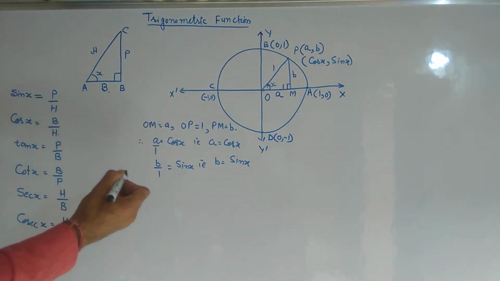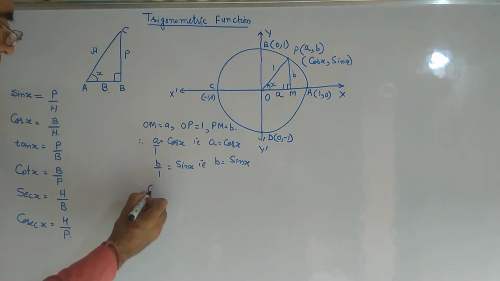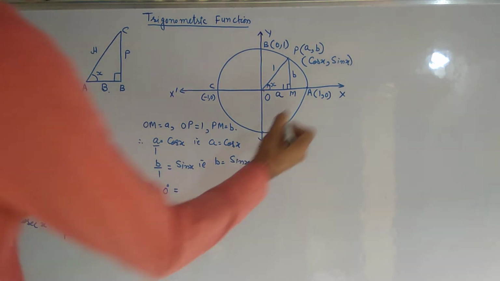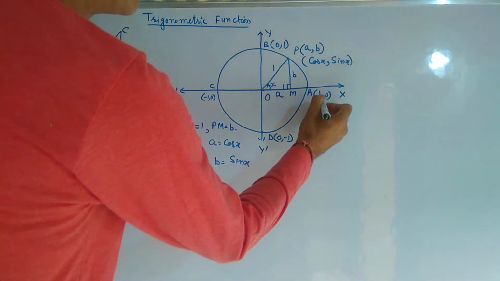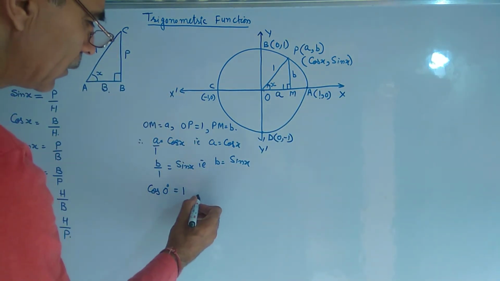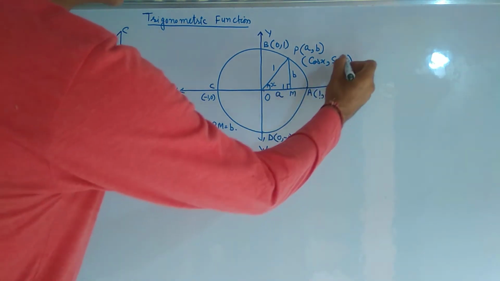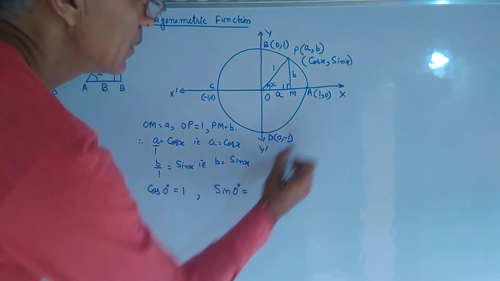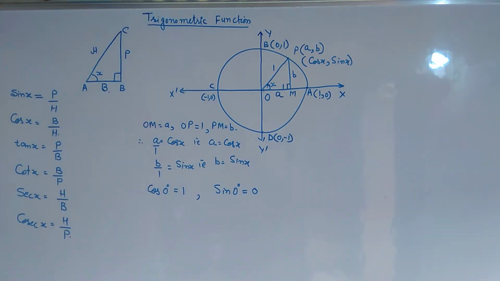X is 0 means cos 0 degree will become 1, and sine 0 degree is 0.